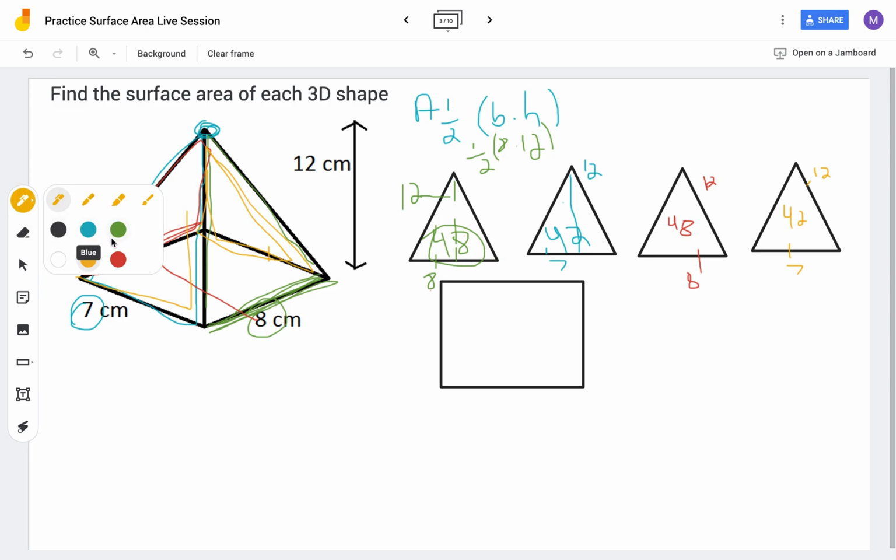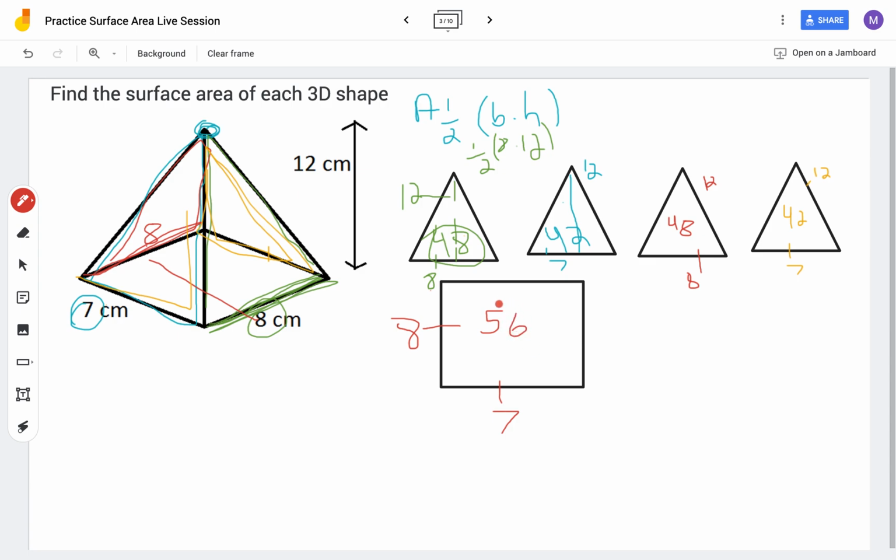All right, and our last is to find the length times the width of our rectangle. So what is 8 times 7? If we type it in the chat box. All right, we got 56.